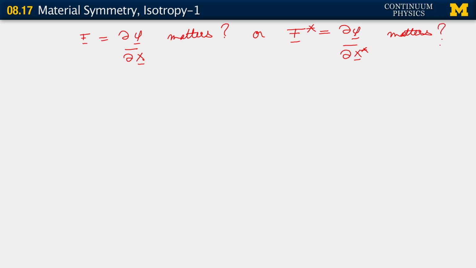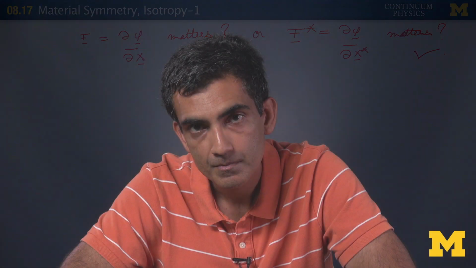So that's the question we are trying to ask ourselves. Clearly, if we want material response, it is this one which matters, especially if you think about the possibility that the material may have some microstructure, and in rotating the reference configuration, we're now presenting that microstructure differently to the deformation that we're applying relative to the walls of the room. It can make a difference.